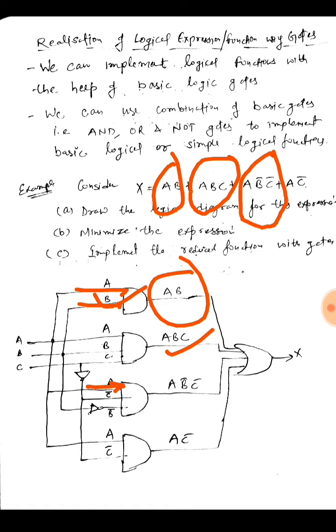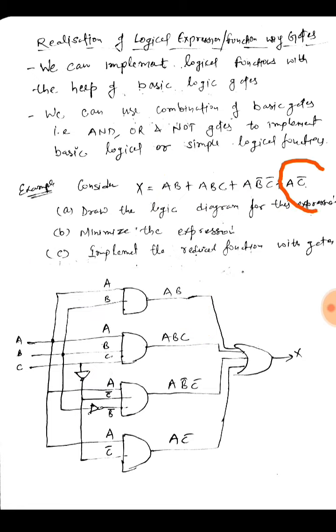So I will need two NOT gates to get the complemented form of inputs B and C, and then I will provide them to the AND gate, so it would become A B bar C bar. Similarly, in the last case I have A and C bar, so C bar would come out from the NOT gate, and A would come in the uncomplemented form, so I would get AC bar.